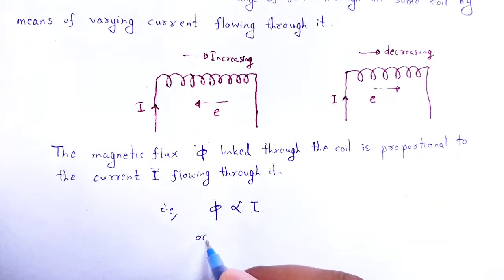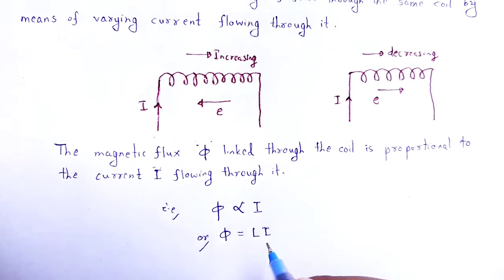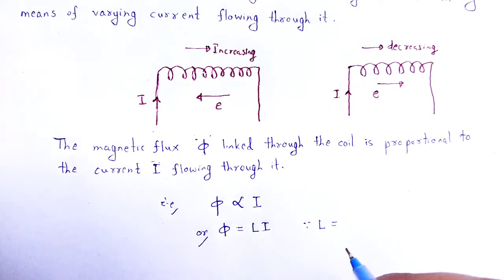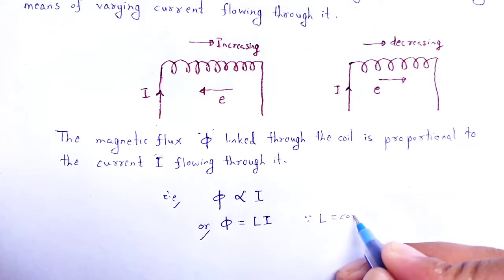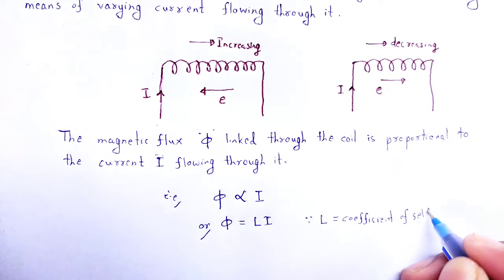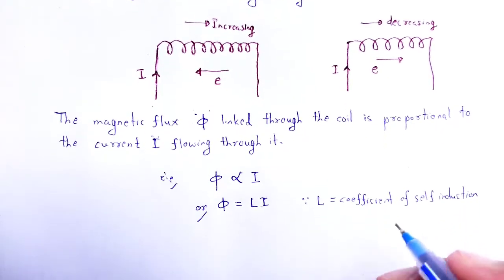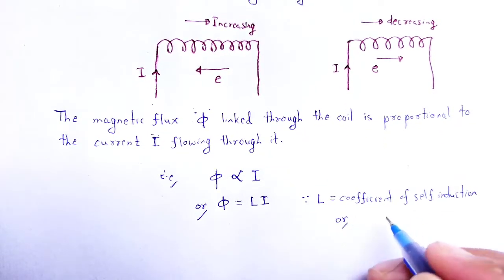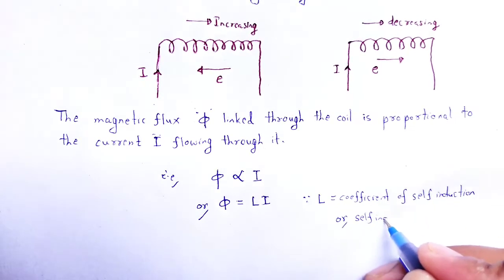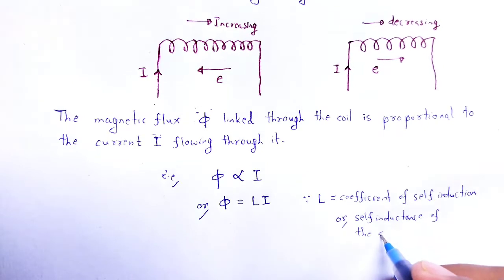Here we use the proportionality constant L, so phi equals L I, where L is known as the coefficient of self induction, or simply we can say, the self inductance of the coil.